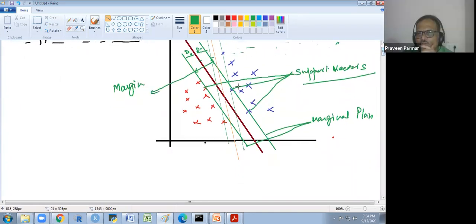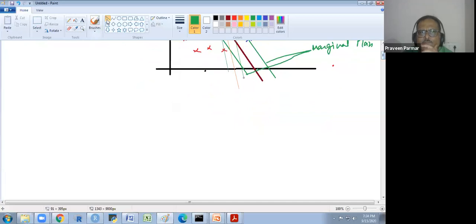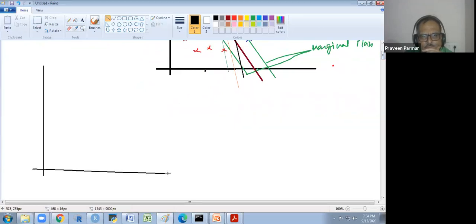Sometimes we don't have this sort of data. We have data like that.